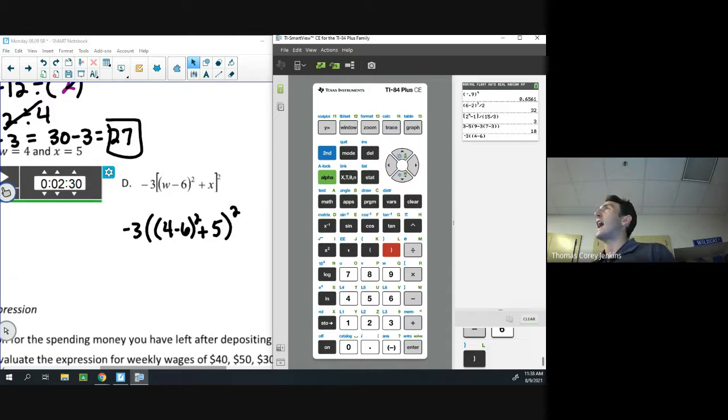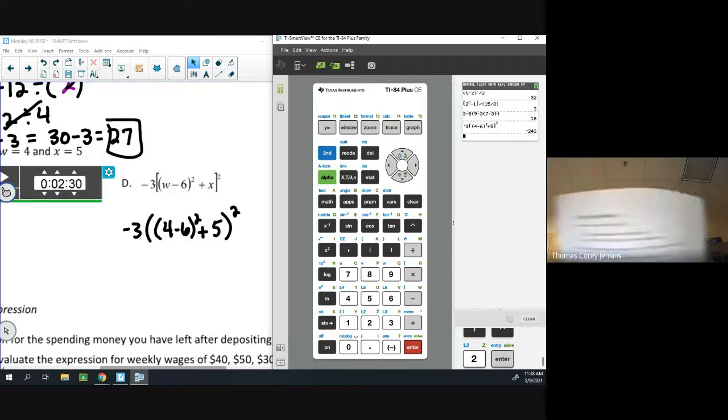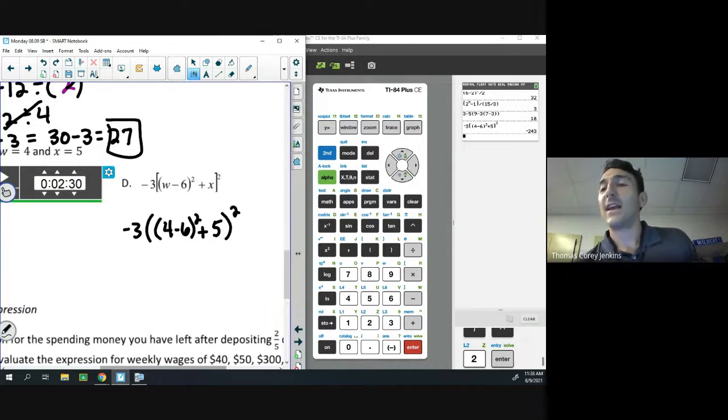You can either use the X squared button or caret key 2, either way. So I'm going to do caret 2 plus 5, close parentheses, and then square that. When it's all said and done, if you typed it in correctly, you should get -243. -243.